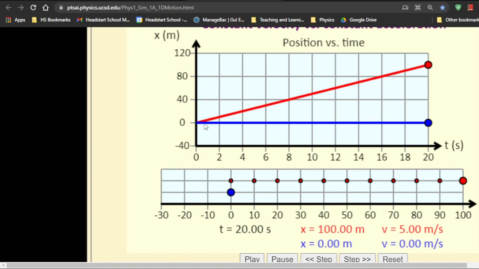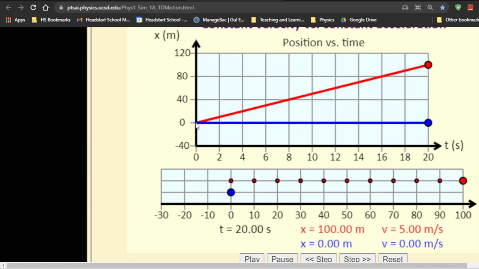The physical meaning of this red line could be that every second some activity was happening on the y-axis. Some position change was being registered, and we can see that after 8 seconds of observation of the red body, it had changed its position from 0 meters to 40 meters.